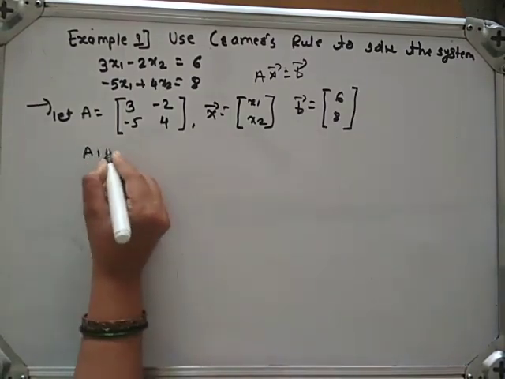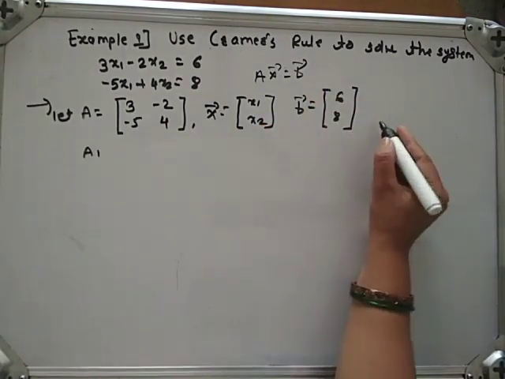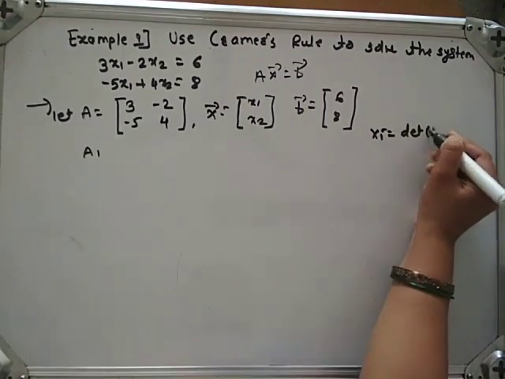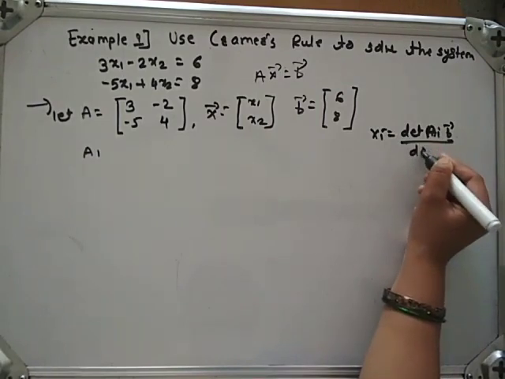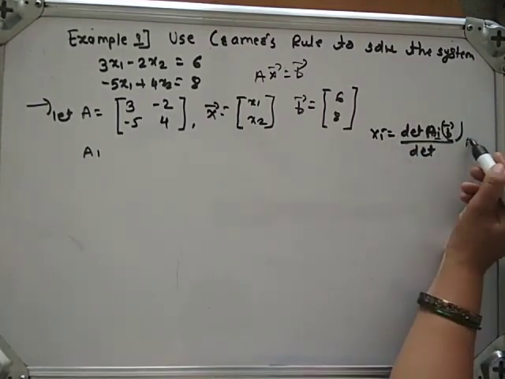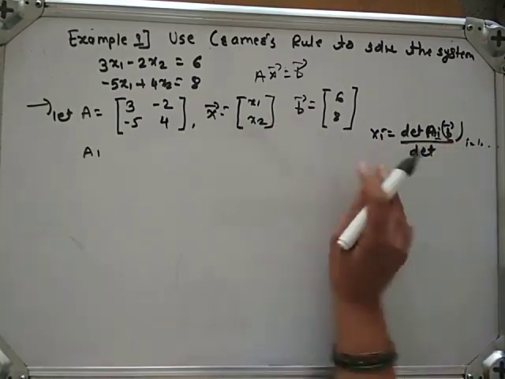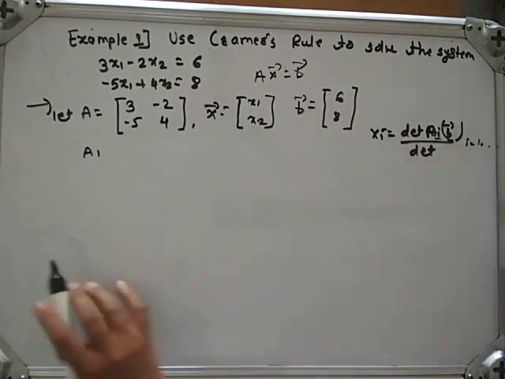For Cramer's rule, the formula is xi is equal to determinant of Ai(b bar) upon determinant of A, where i runs from 1 up to n. Here there are two variables, so we require A1(b bar) and A2(b bar).